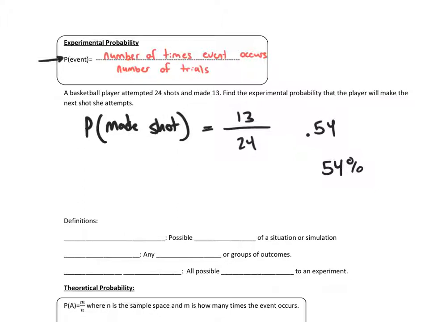And you can use experimental probability to come up with probability for things that you don't have a bunch of data on.